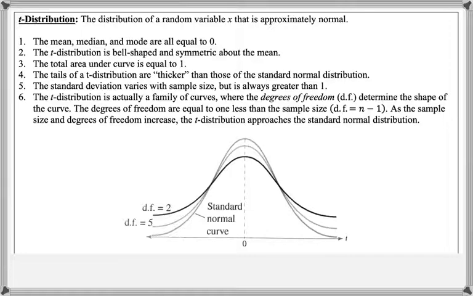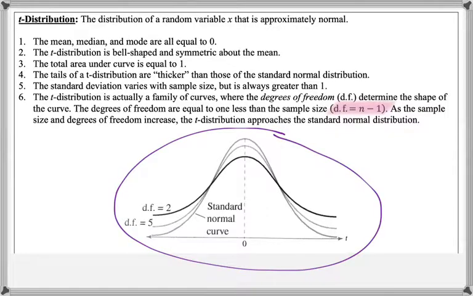The degrees of freedom are equal to 1 less than the sample size. As the sample size and degrees of freedom increase, the t-distribution approaches the standard normal distribution, and we can see that in this diagram here.